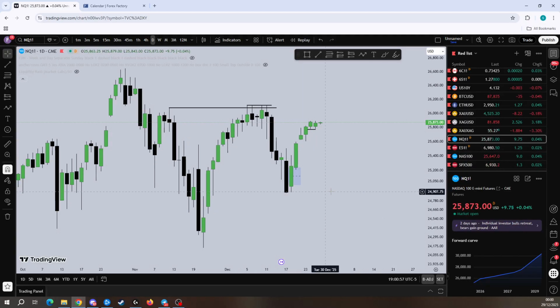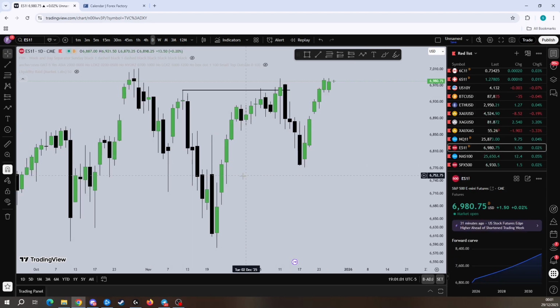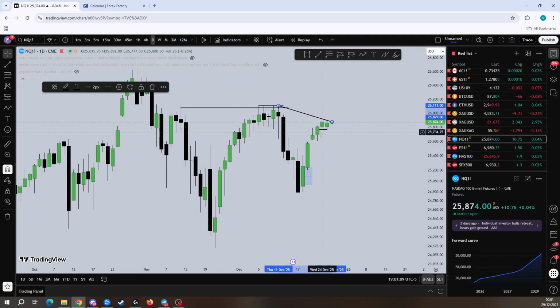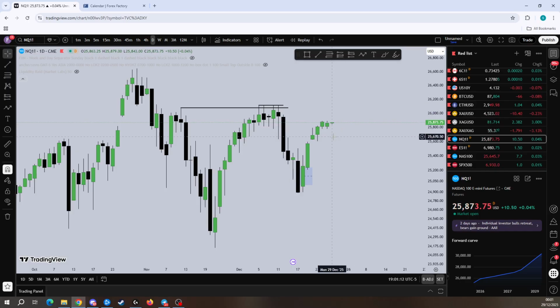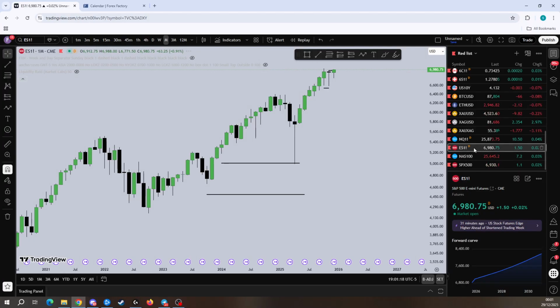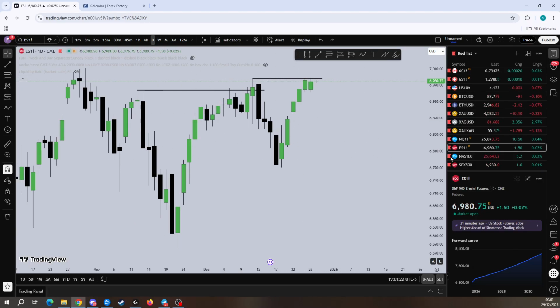So to be honest, I don't really have a strong bias on this because we've taken out this high on ES, and on NQ we haven't, so we could form a potential SMT here and then get another sell off here. So it looks kind of consolidated on the weekly as well. So yeah, I'll be real, nothing that I'm too interested in here.